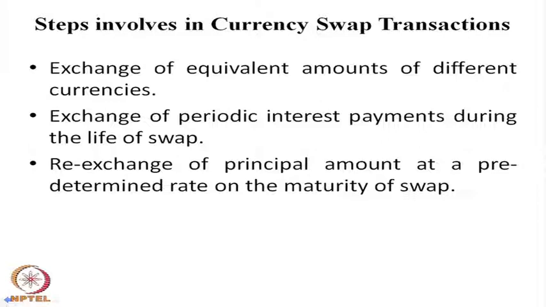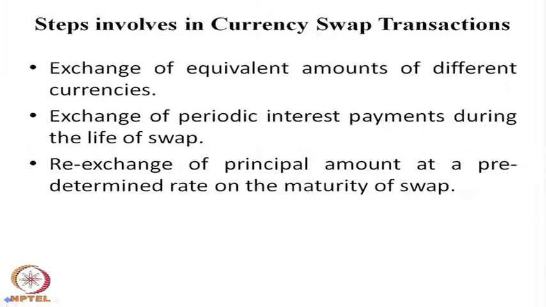Because they raise resources in different currencies with different interest rates, they should exchange the interest payments also. The interest payments continue periodically over the life of the swap. Then, the re-exchange of the principal amount at a predetermined rate on the maturity of the swap.